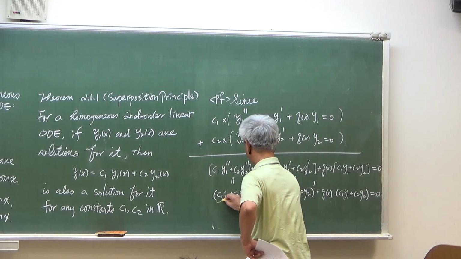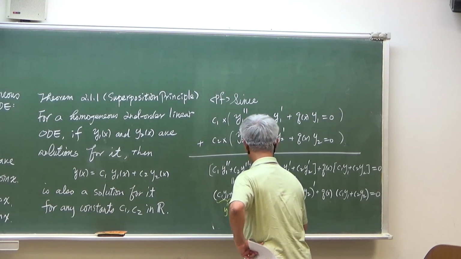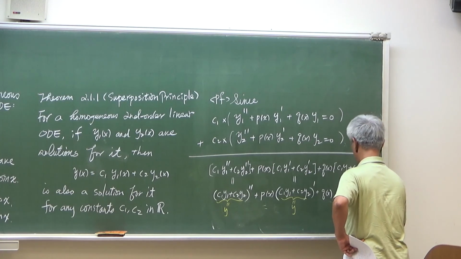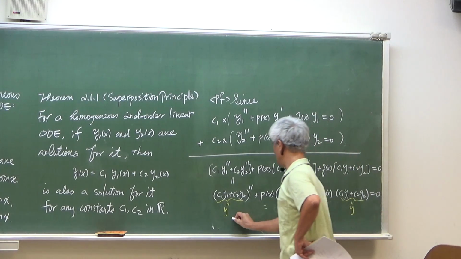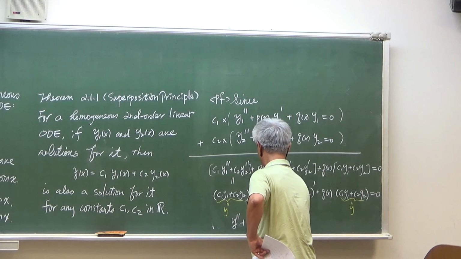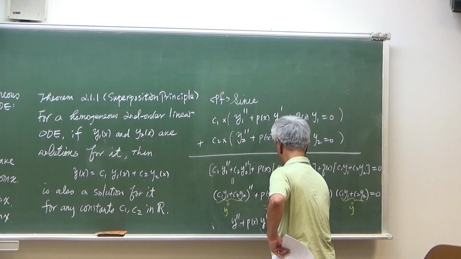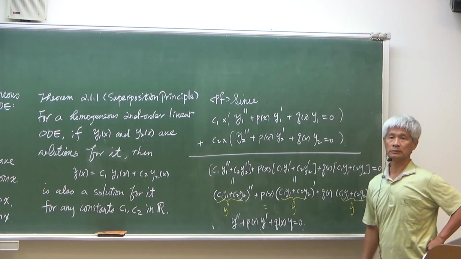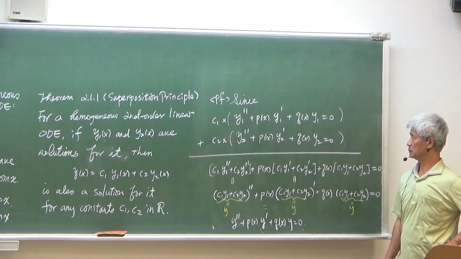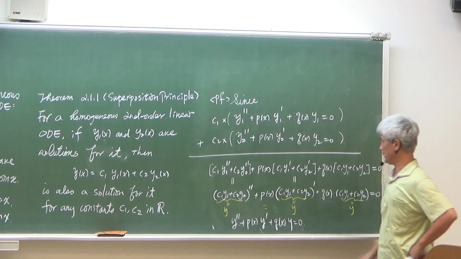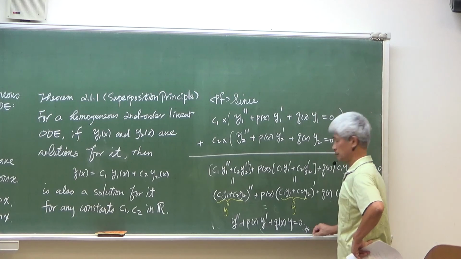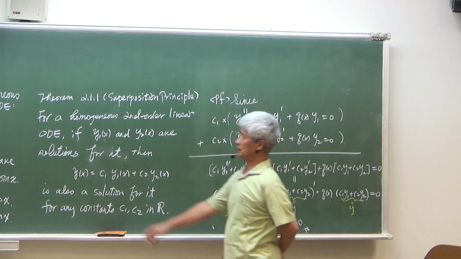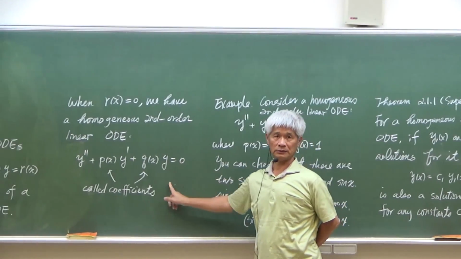And we know this is equal to y. So finally, we have y double prime plus p of x, y prime plus q of x, y equals zero, because y satisfies this.